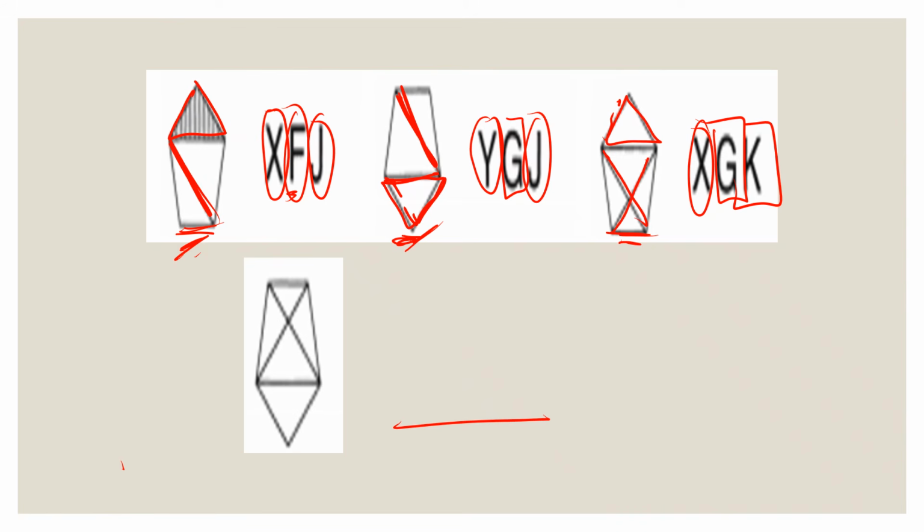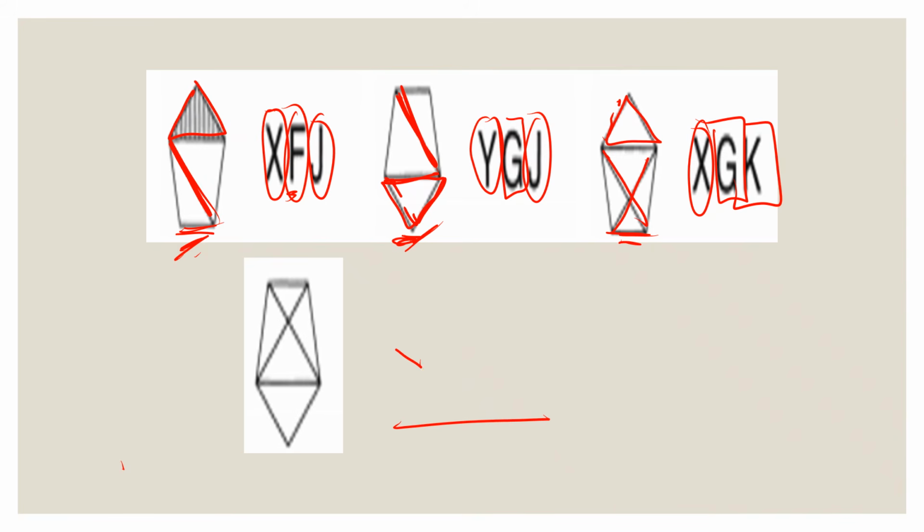So with those rules in mind, let us now find what letters should be in this fourth figure. Firstly, the pentagon here is upside down. As we mentioned, X means that the pentagon is upright, and then Y must be upside down.